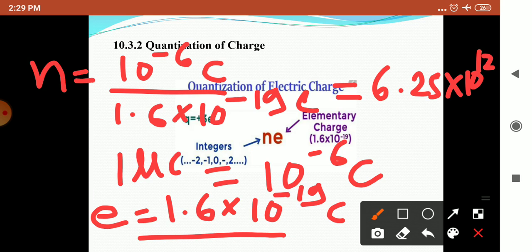It is just that during the charging process, an integral number of electrons can be transferred from one body to another body. This is quantization. So this number N which we are getting is a tremendously large number, so usually continuous variation of charges will be observed.